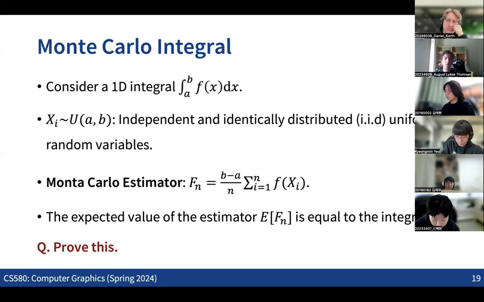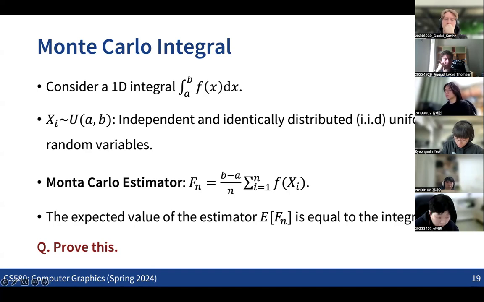For those cases, instead of having some kind of analytic form of this integral, we take these IID samples, as many as possible in the range, and then we take the sum of the function values, and finally we get an estimator of the integral.